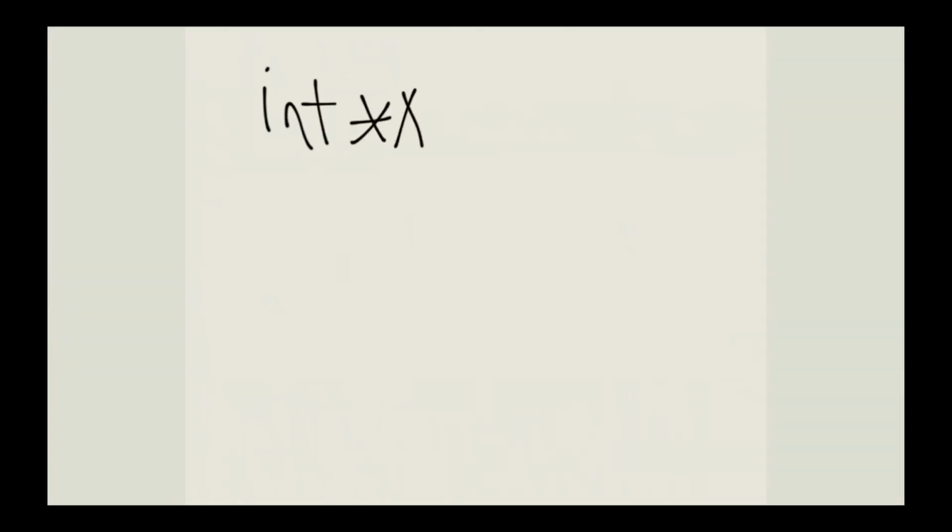If you wanted to, for some bizarre reason, you could exclusively deal with pointers and never deal with integers, like int star x equals 0, but then you're going to get really confused once pointer arithmetic starts happening. The numbers that they store are meaningless. It's just how you end up interpreting them.